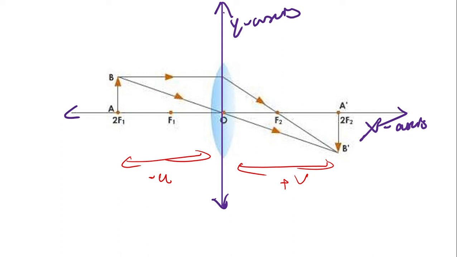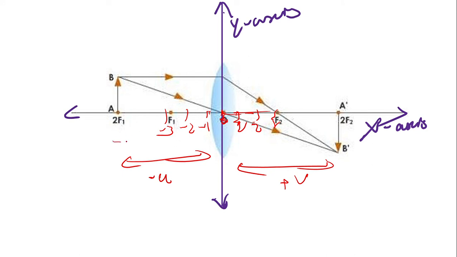Because we consider the center of the lens as the origin. We have an x-axis and y-axis passing through the center of the lens, which we consider as 0. On the x-axis, from the origin on the right-hand side, we take all the numbers as positive, so 1, 2, 3 and so forth, and on the left-hand side we take -1, -2, -3 and so forth.